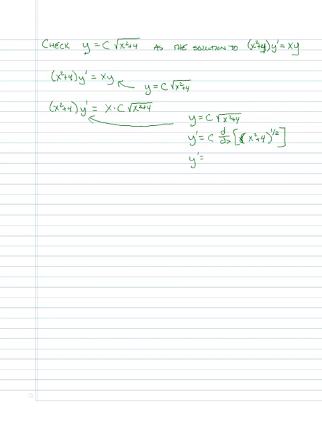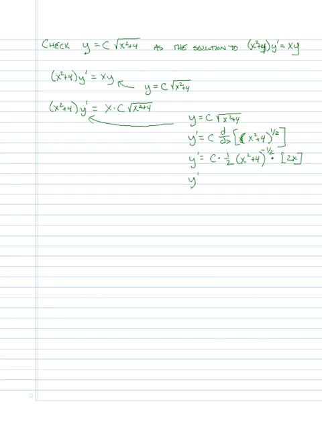So we'll have c times 1/2 times x squared plus 4 to a power one less than our original. So 1/2 minus 1 ends up being a negative 1/2. And then we multiply by the derivative of the quantity x squared plus 4, which of course is just 2x.